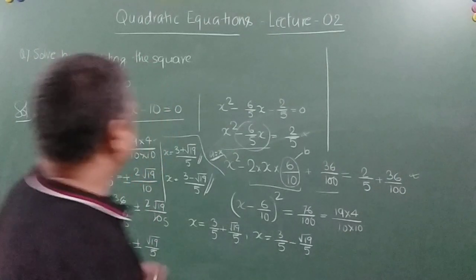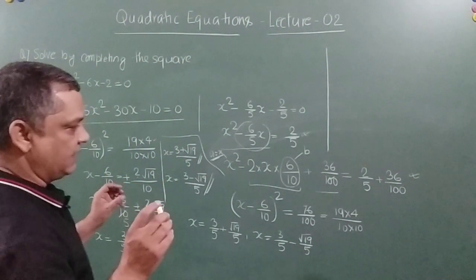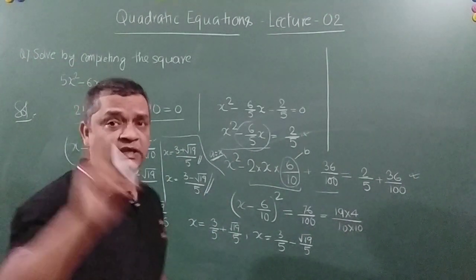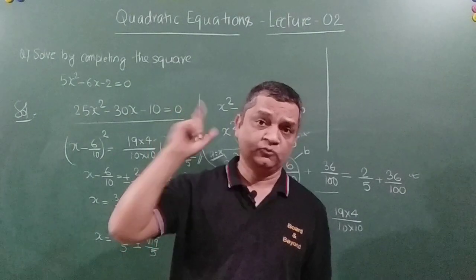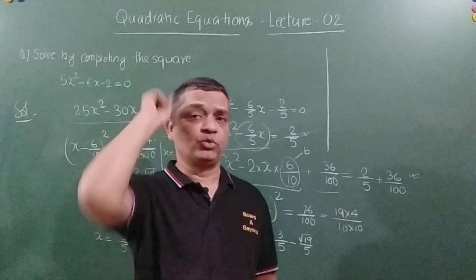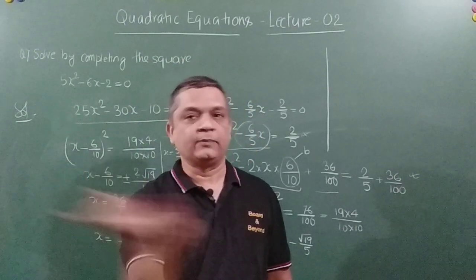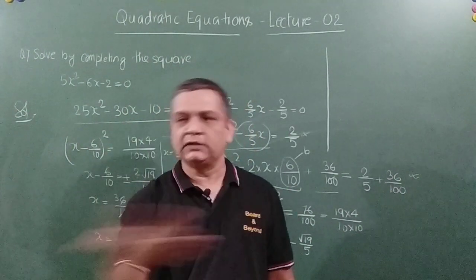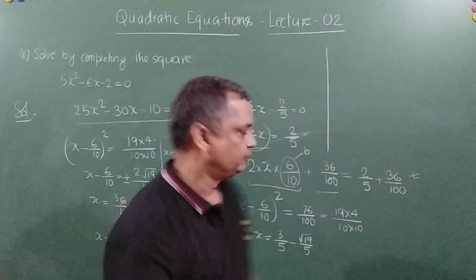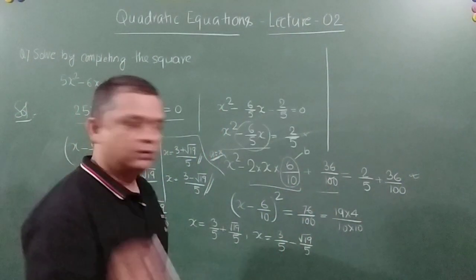I don't think anything is difficult here, but there are two things which have to be kept in mind. One, the coefficient of x square has to be a perfect square. If it is not, make it 1 by multiplying throughout or dividing throughout the equation. Point number 2, when you are completing the square, be very, very careful.